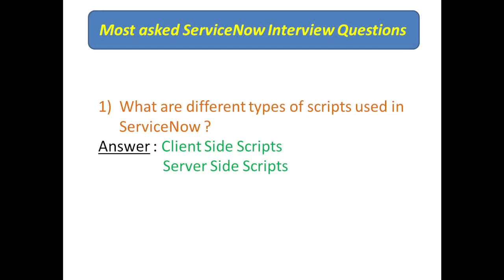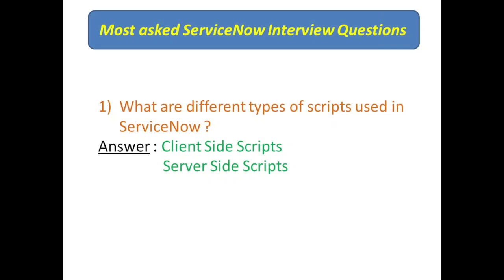And when we are talking about server-side scripts, then we have business rules, script includes, script actions, and scheduled jobs also. So these are present for server-side script. When the interviewer is asking this question, you have to describe it in this way with all the examples that I'm telling you right now.